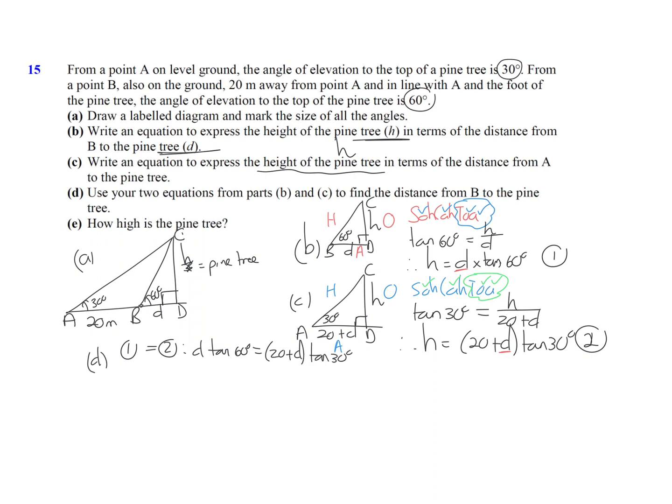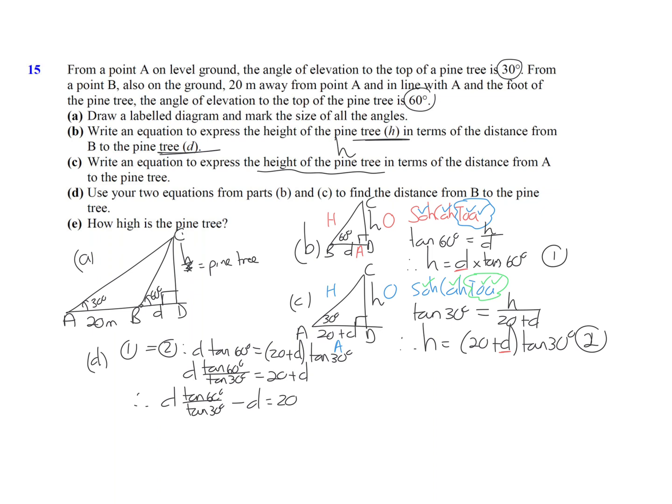Now tan 30 and tan 60 are just numbers, so I can divide by tan 30 on both sides. So I get D times tan 60 over tan 30 degrees equals 20 plus D. Now remember the aim is to solve for D, so let's move D to the left. So I'll go D times tan 60 over tan 30 degrees, take away D is 20.